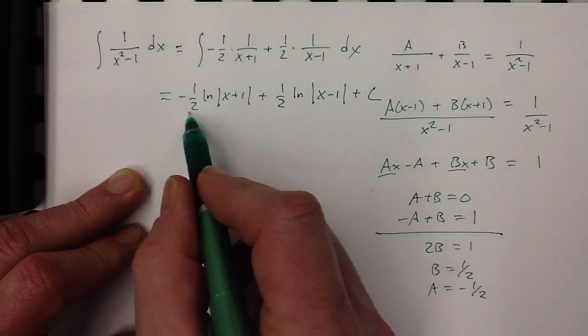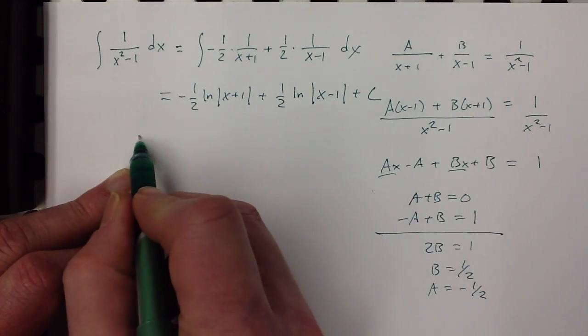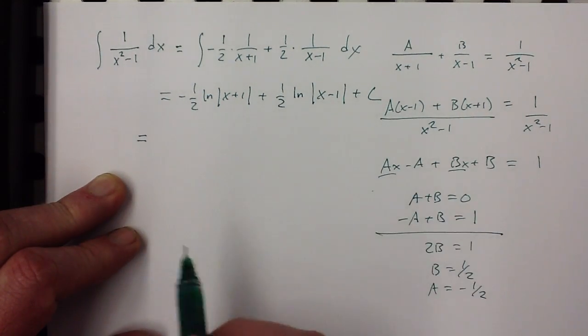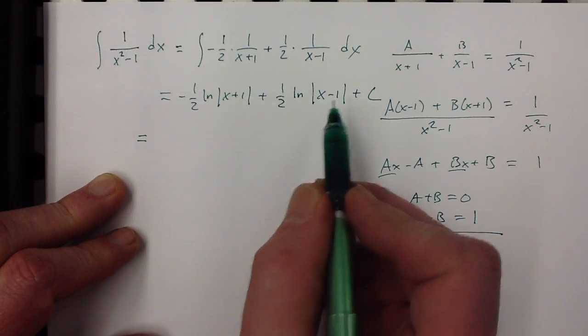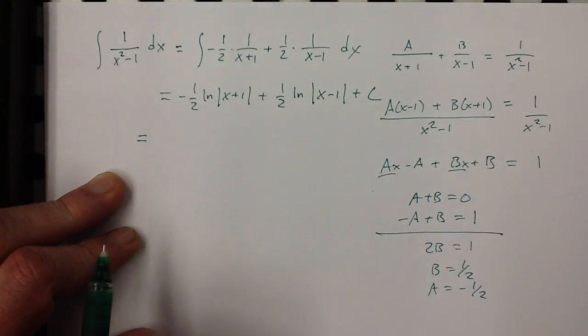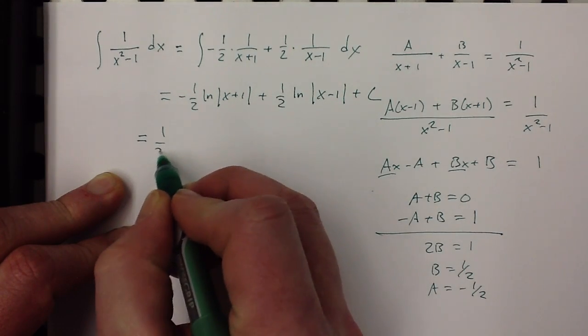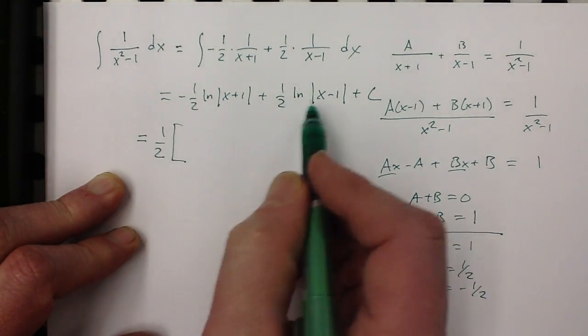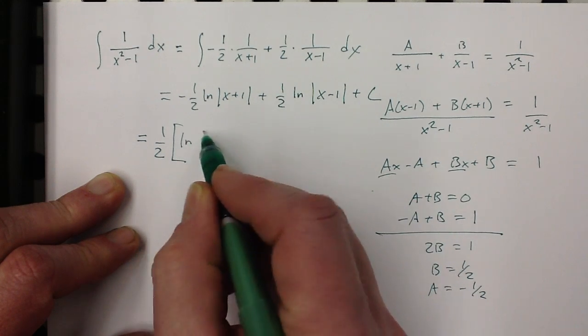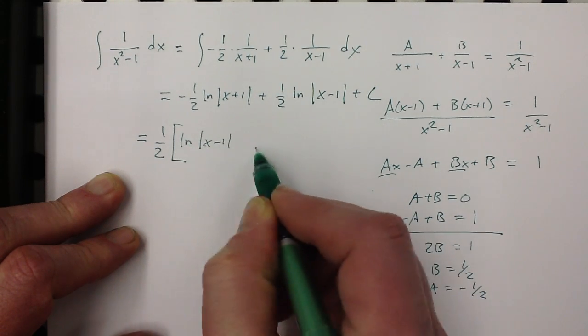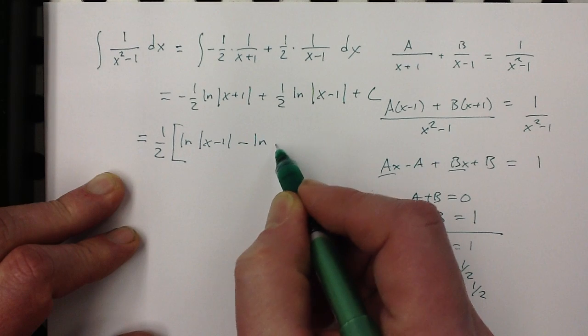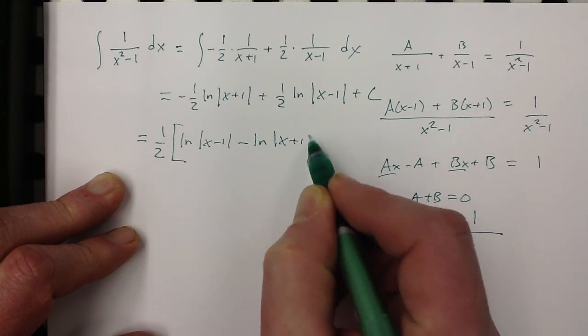And that's a perfectly acceptable answer if you're writing the answer. But using a little bit of logarithm stuff, I just want to show you one other thing. Might help you match it up to a correct multiple choice answer. I could factor out a 1/2 here, and then rewrite these with the positive 1 first. Natural log x minus 1 minus natural log x plus 1.